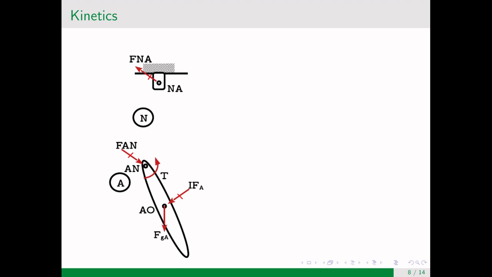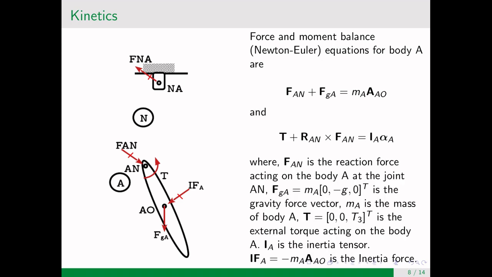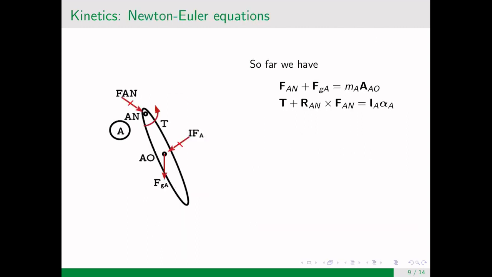Now, using Newton-Euler equations, let us write the force balance and moment balance equations for body A. These are the two: force balance, the sum of the reaction force FAN plus the gravity force should be equal to the mass times acceleration, which is nothing but the inertia force, and the moment balance is simply the torque plus R cross F equals I alpha.